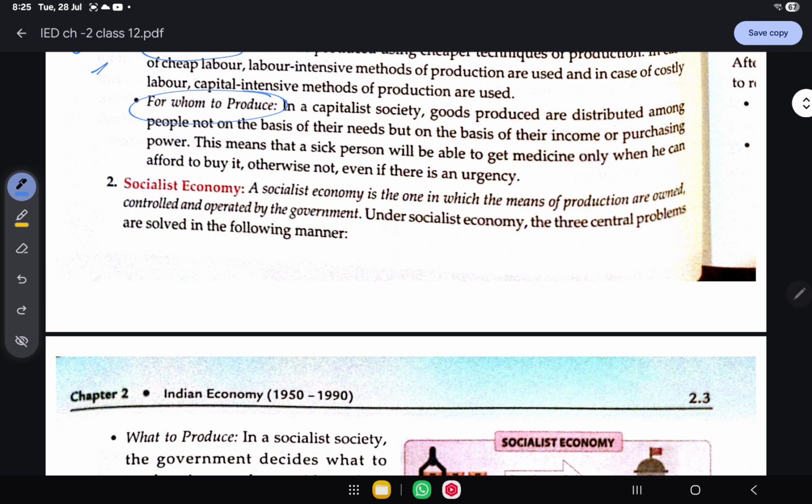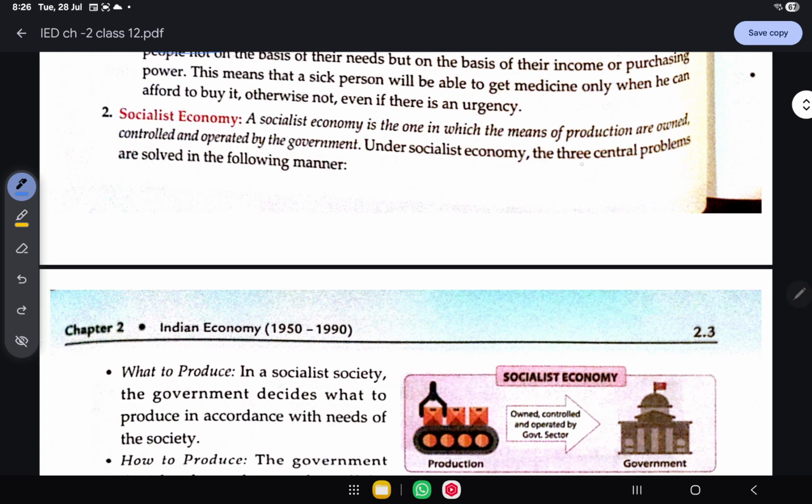Here the goods are distributed according to income, or purchasing power, but not according to people's need. Okay? So only those who have more money can buy more goods.